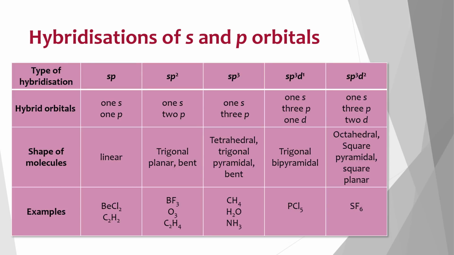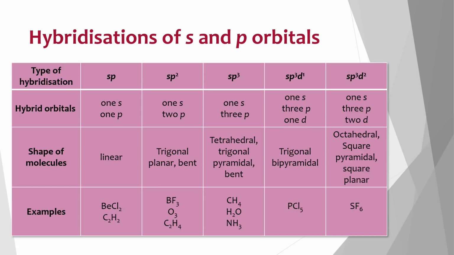These are the examples of the types of hybridization that can exist. For sp, the hybrid orbitals will come from the 1s and 1p orbital only. The shape of the molecule for this type of hybridization is linear. Next, for sp2, according to the name, only one s orbital and two p orbitals are used to form the hybrid orbital.